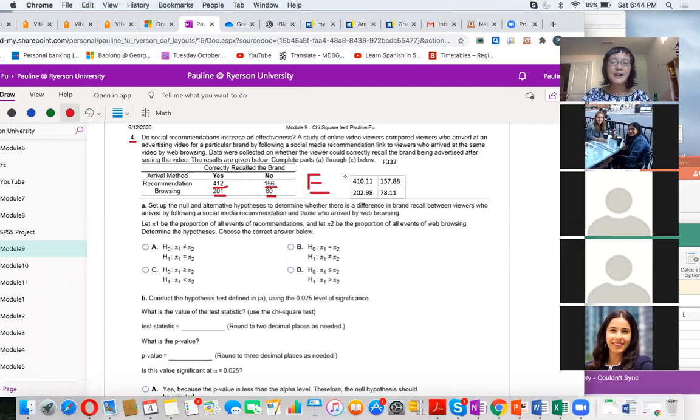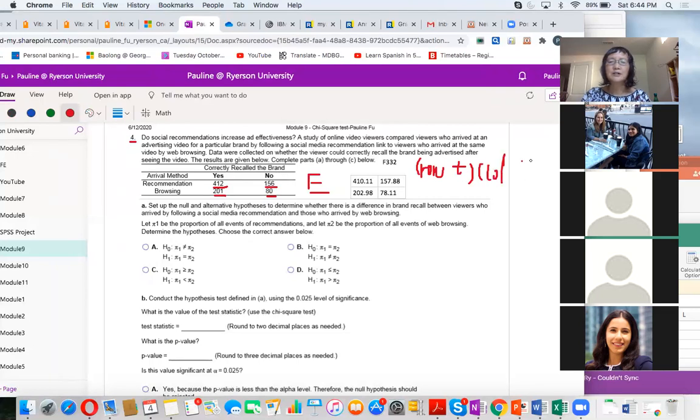The formula says E equals row total. Row total means you add this row together, so 412 plus 156 is the row total. Okay, row total times column total.